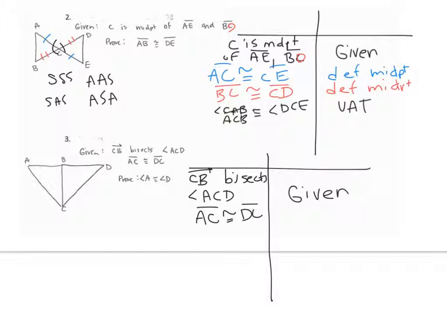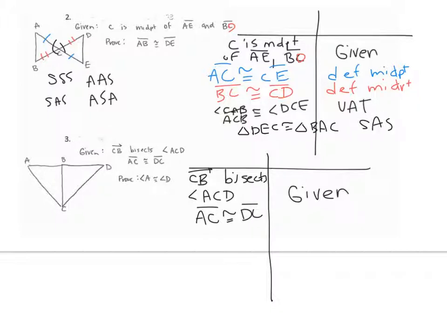So I'm going to say triangle DEC is congruent to triangle, D matches up with B, and then E matches up with A, and then C, by side, angle, side.